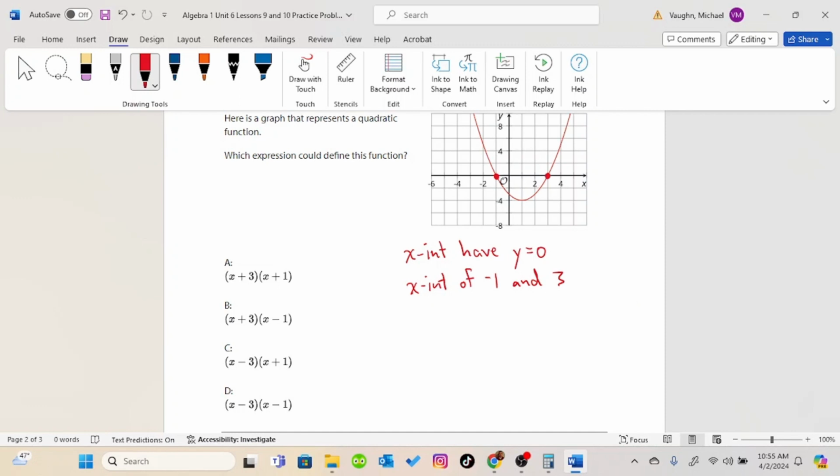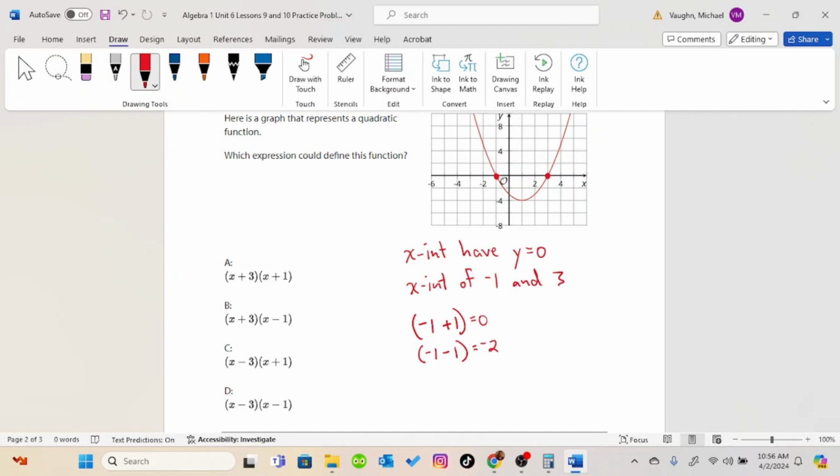So I need to be able to put −1 into one of the factors and have it become 0. So if I have −1 plus 1, that equals 0. If I have −1 minus 1, that equals −2.